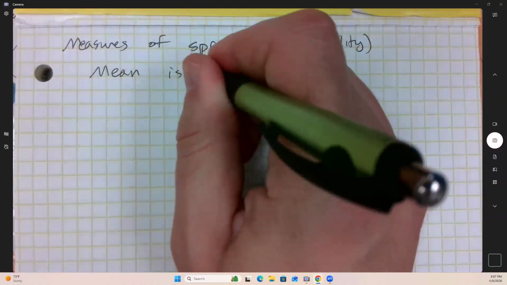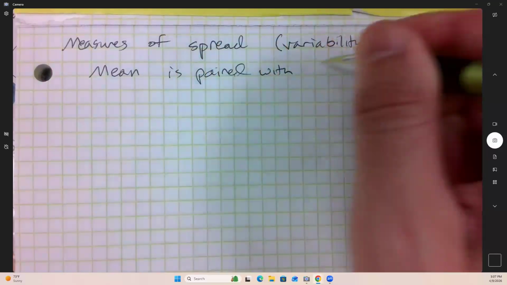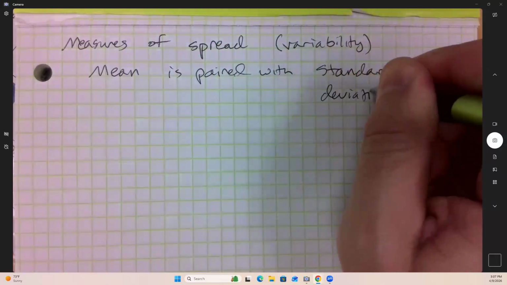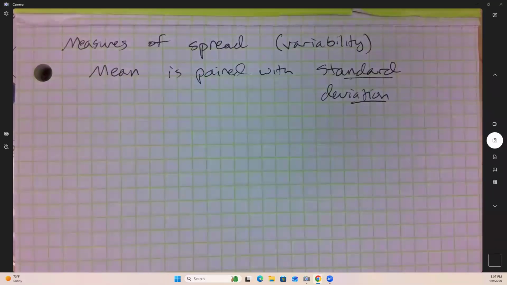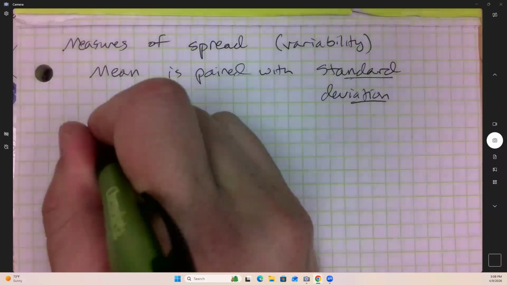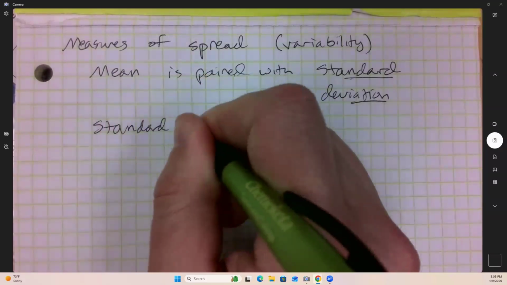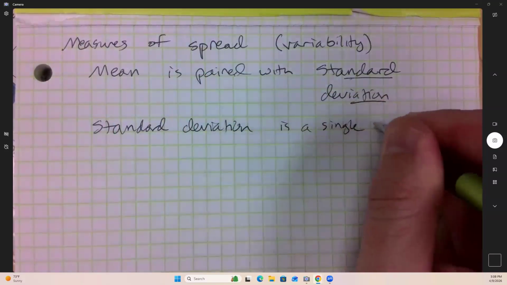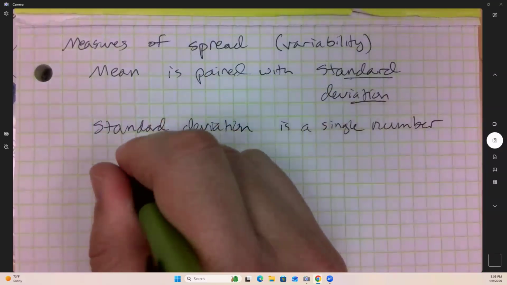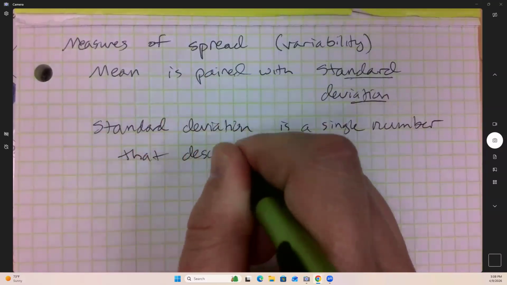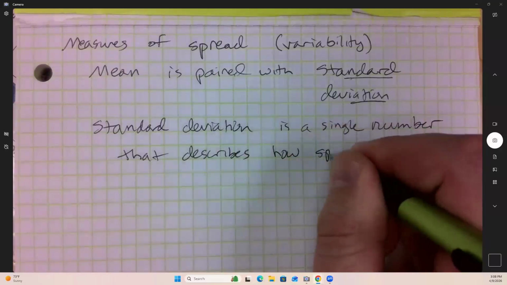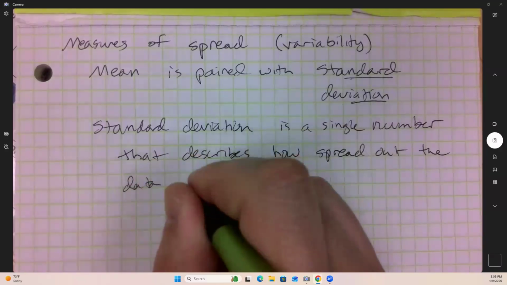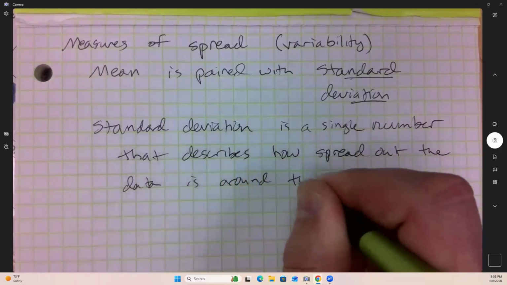The mean is paired with something called the standard deviation. The standard deviation is a single number that describes how spread out the data is around the mean.